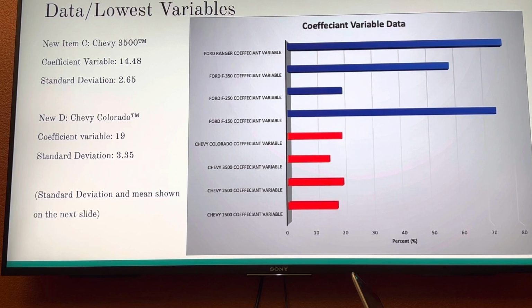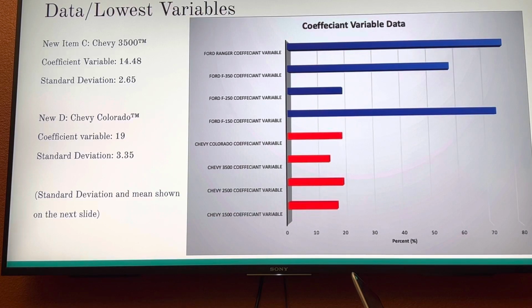Yeah. And the next item is new item D, which is the Chevy Colorado. It also has a very low coefficient of variation and a very low standard deviation. It's a coefficient of variation of 19 and a standard deviation of 3.35. These numbers are also very low, so this is why we chose these 2 products.